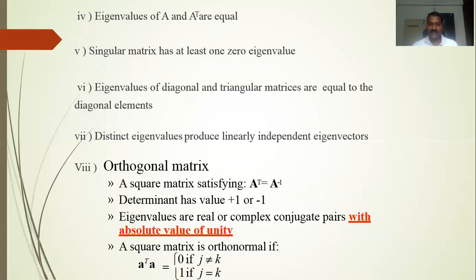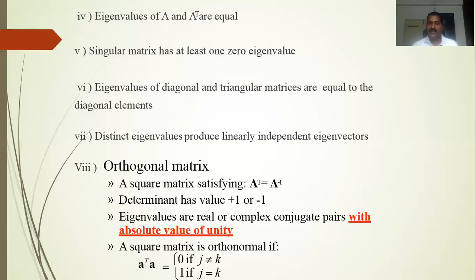That is, the determinant has the value plus 1 or minus 1. Eigenvalues are real or complex conjugate pairs with absolute value of unity.